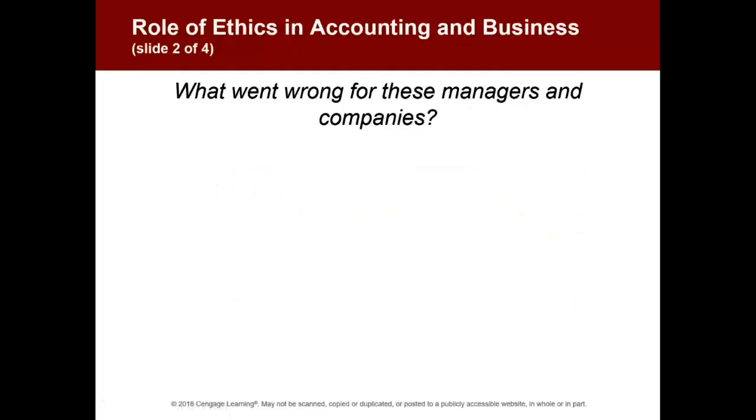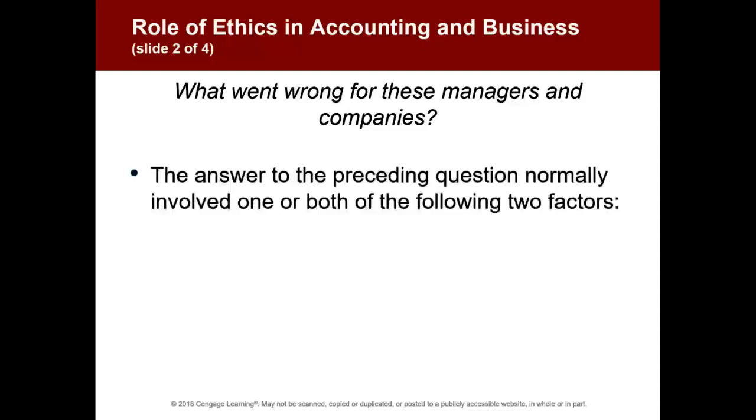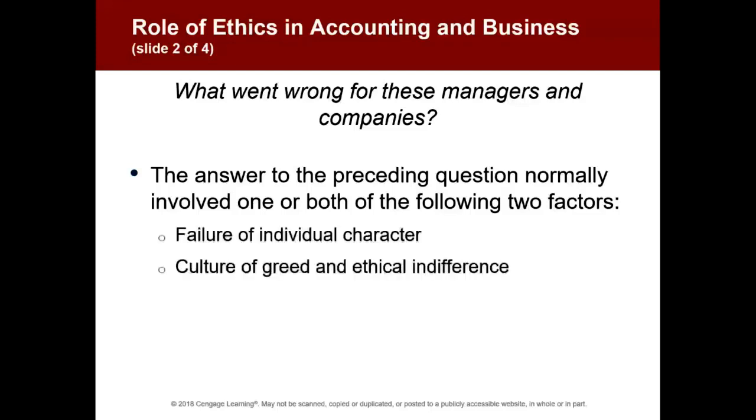And so what went wrong for the companies we just presented and many of the others that engage in fraudulent financial reporting? We're going to generalize and say there are two broad factors: individual character, obviously, but there's also a culture of greed and ethical indifference. And sometimes it's fuzzy. And then we say that unethical behavior is a slippery slope.